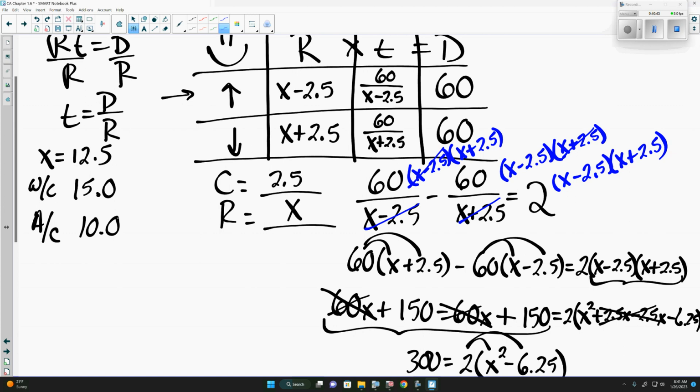Now, when we're getting our answer, we should know that the answer is not correct if we find the rate of the boat is going equal to or less than 2.5. Why would we say that? Because what's the rate of the current? 2.5, yes? If I'm going less than that or equal to that, am I going to be able to go up that river at all?